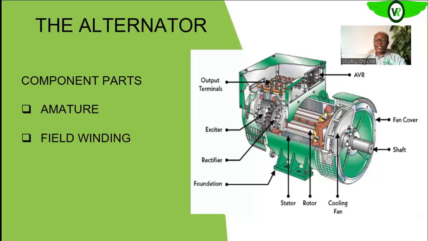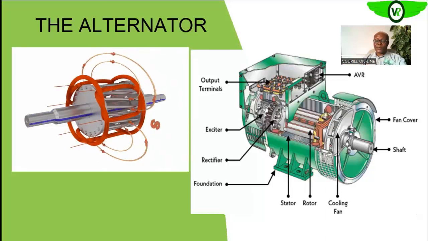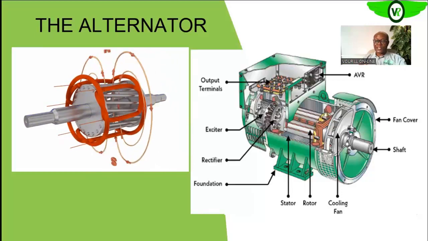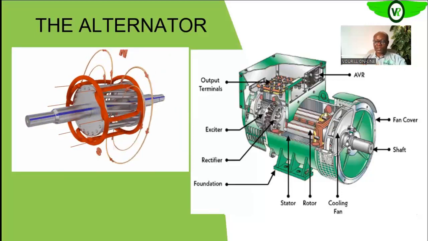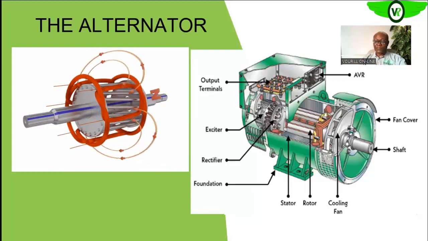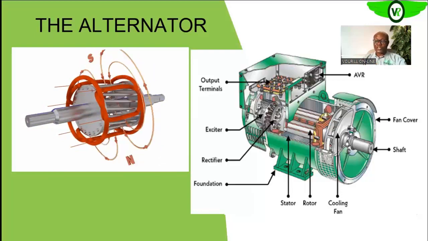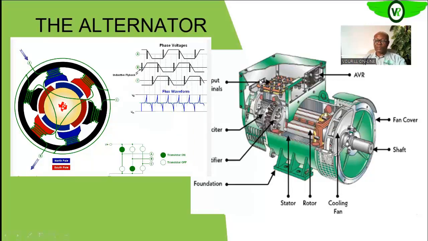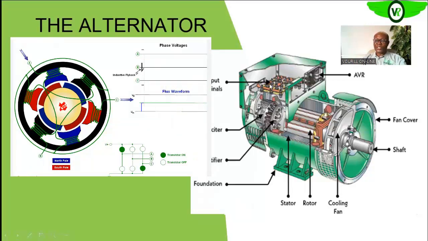Like we said earlier, the field is the part that produces the magnetic field. Since it's rotating, we have a rotating magnetic field that induces voltage into the armature winding, which will eventually be sent to these output terminals, where your power output will be taken to your transmission transformer and then into your transmission lines.